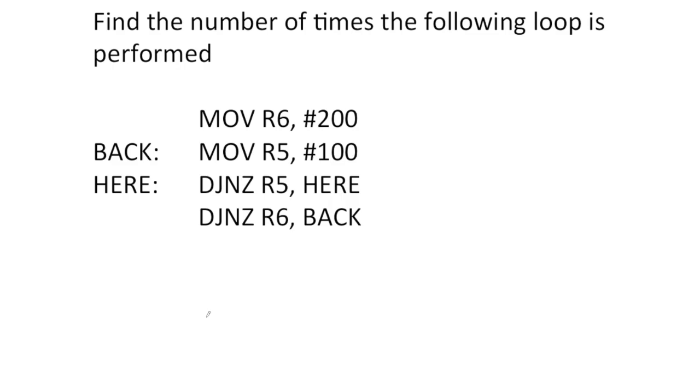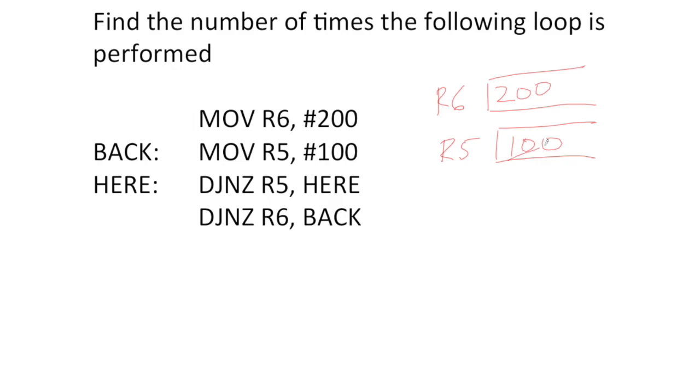So find the number of times the following loop is performed. Okay, let's start with initializing R6 with the value 200. Note this 200 is in decimal. Then here we have R5 getting assigned the value 100. So this instruction tells us to decrement R5 and keep looping until it reaches 0.